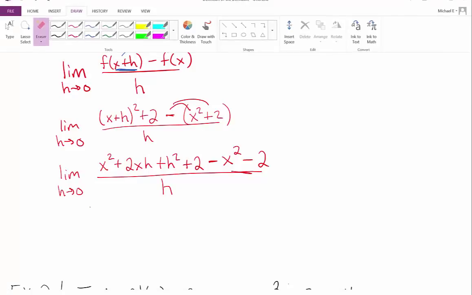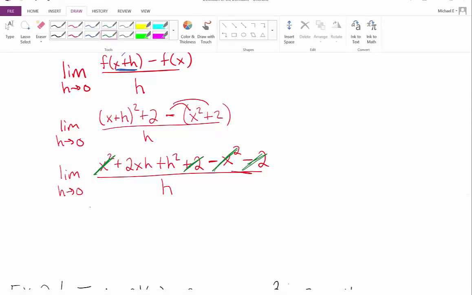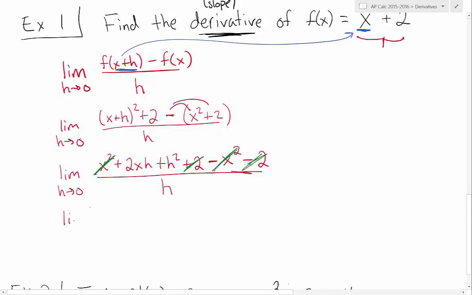So now we can look at what we can cancel out. We can cancel x squared and minus x squared, and plus 2 and minus 2. And so now we have the limit as h approaches 0 of 2xh plus h squared divided by h. And if you notice from the top, the numerator, we can factor out an h. I'm going to write it over here.